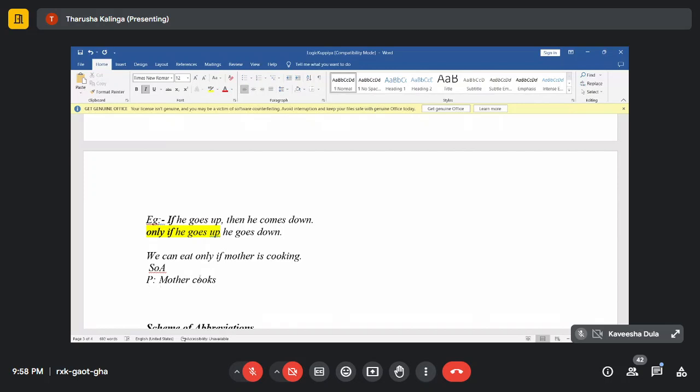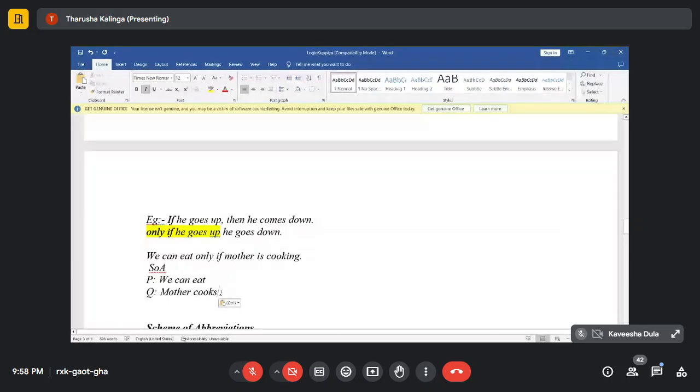The other thing: why have I taken mother is cooking at first? We can take it as for the given order. So we can eat here, and mother cooks.